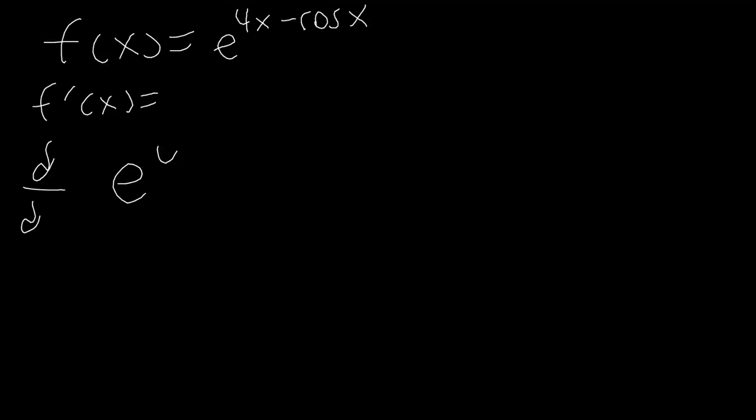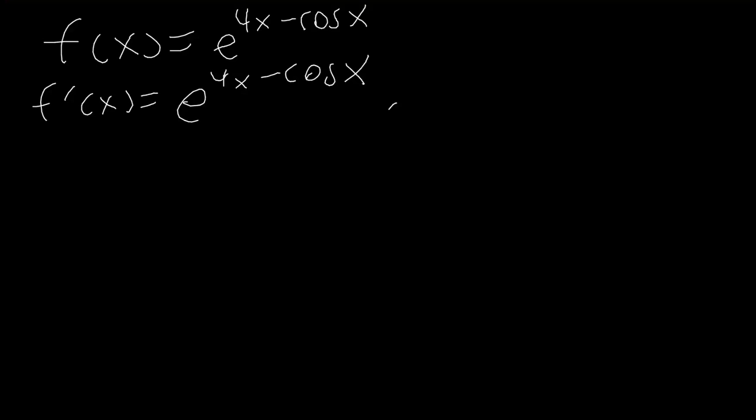The u is 4x minus cosine x. So we're going to keep that the same for now, and then multiply by the derivative of it. So the derivative of 4x is 4, and the derivative of negative cosine x is positive sine x, because the negatives cancel. So that's going to be our answer.